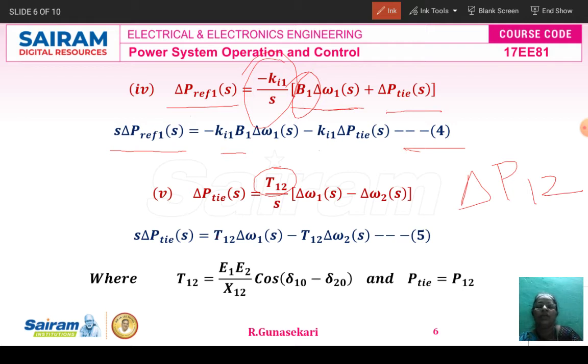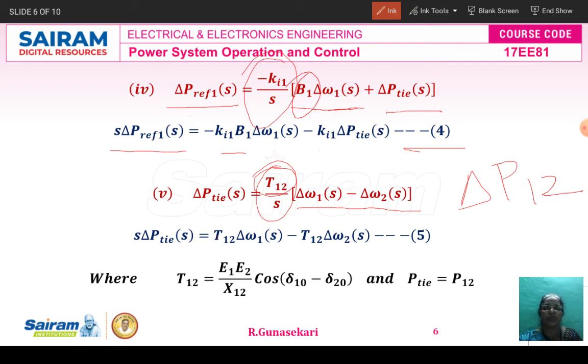That t by s block, present in the middle of area 1 and area 2, we have already seen in the circuit diagram. So into del omega 1 of s minus del omega 2 of s. This is the middle one. The above one is del omega 1 of s. So therefore del omega 1 of s minus del omega 2 of s. Again this equation is simplified, then after we get s into del p di of s equal to t12 del omega 1 of s minus t12 del omega 2 of s.